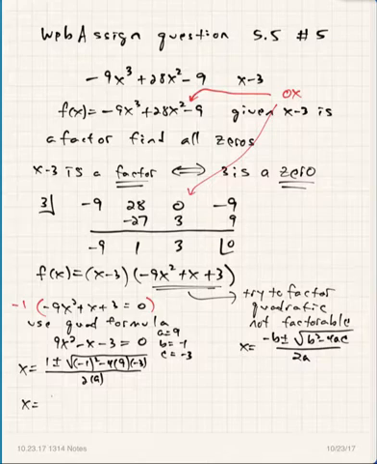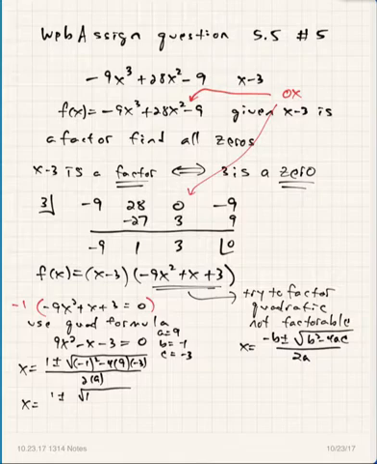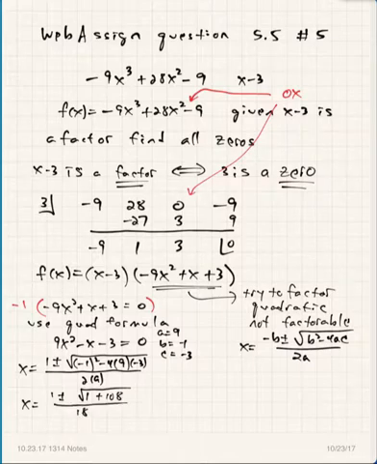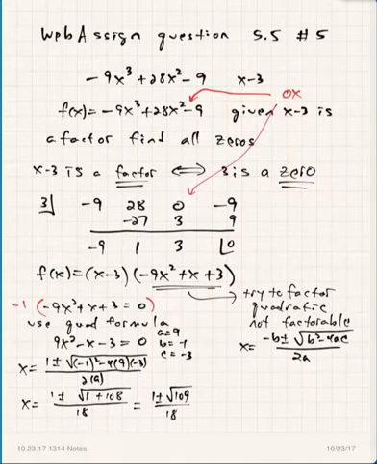You get 1 plus or minus the square root of 1. And let's see, -4 times 9 is -36 times -3 is positive 108. That's nice. So you get positive 108 divided by 18. And so that gives me 1 plus or minus the square root of 109 over 18.